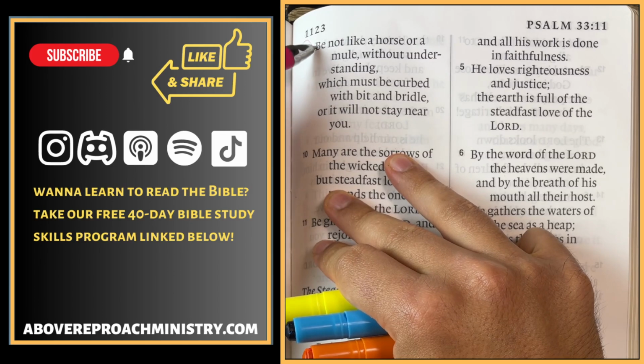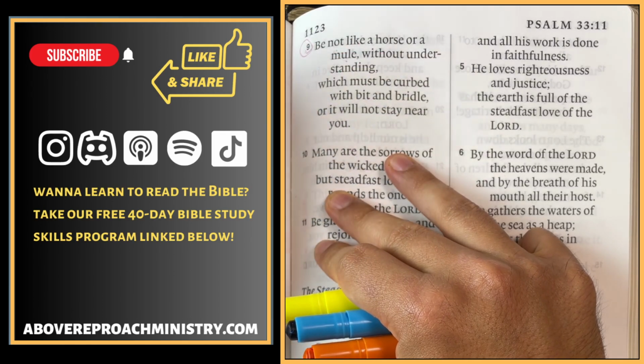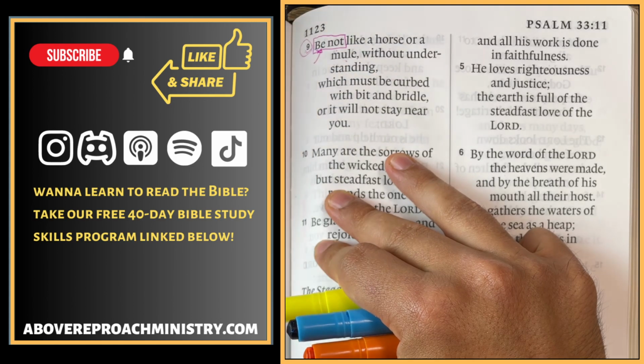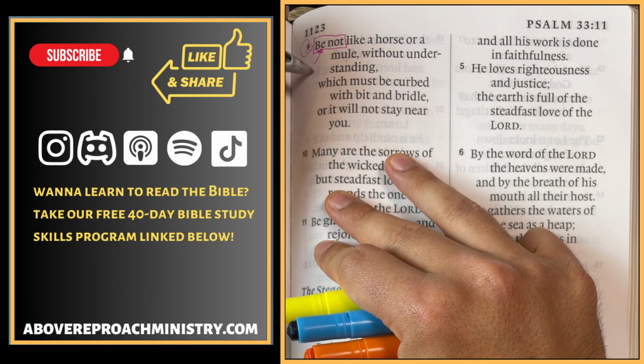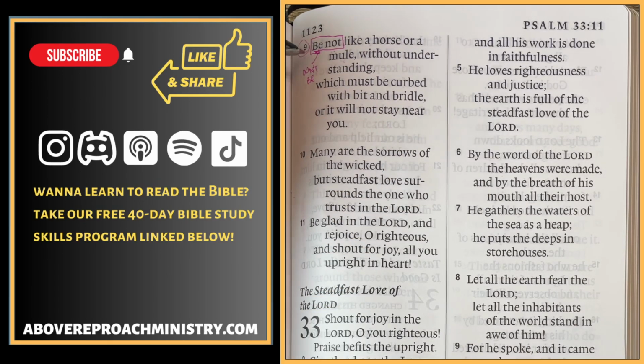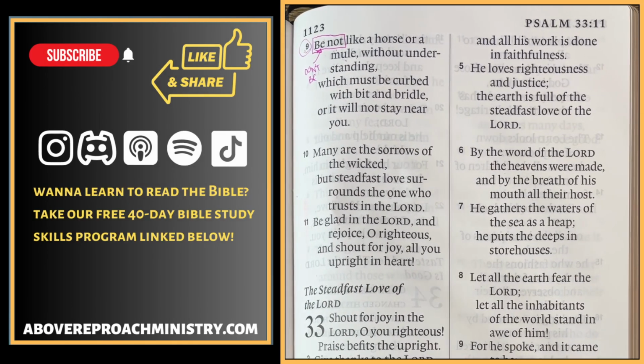Now, verse 9, it says, be not, or don't be, like a horse or a mule. Here's a little tip that might be helpful for you. If you come across a weird phrase, now this is easy to understand, it essentially means don't be, right? But if you come across a weird phrase or idea that doesn't really make sense to you and you're trying so hard to make sense of it, something helpful to do is read that in another reliable translation, right?